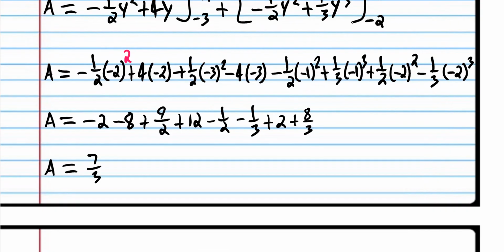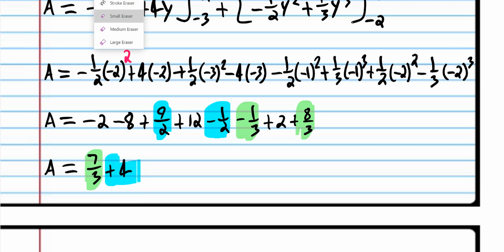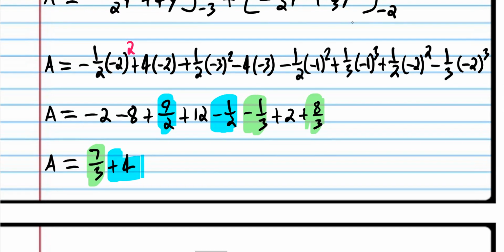So then we get 7/3 and 4 and negative 10 plus 12 is 2 plus 2 is 4.